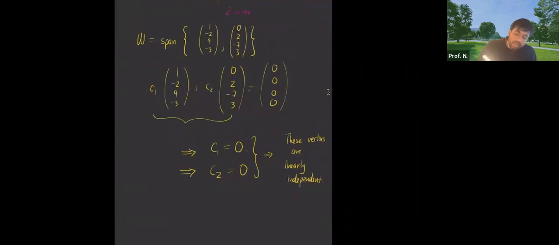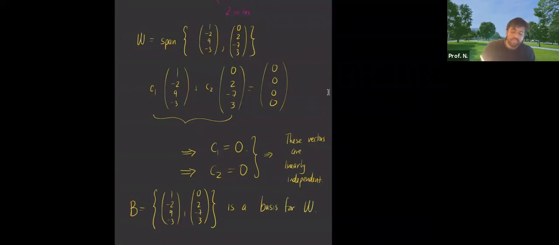Call it B. So B, I'm going to define it as the set of (1, -2, 9, -3) and (0, 2, -7, 3) is a basis for W. Any questions about this? Is this clear?